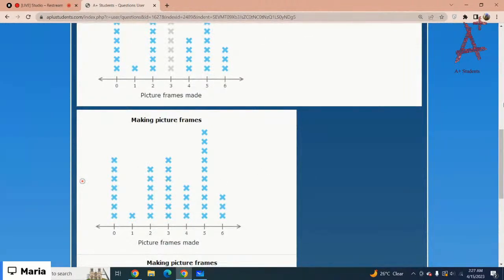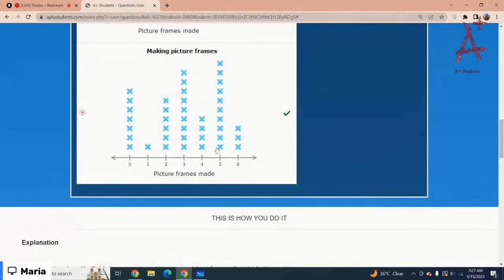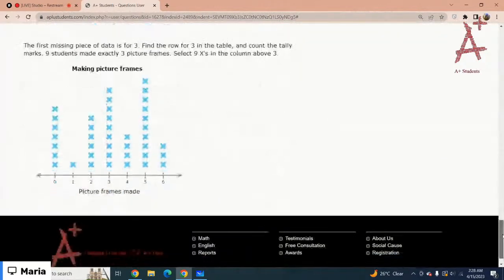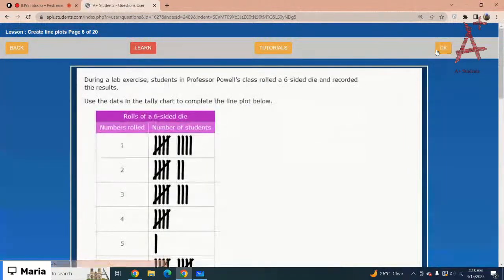I think that would be the correct option. Got it? There are so many values. Okay, that isn't the correct option. I selected the wrong option. That would be the correct option. So the second option is the correct option. Got it?